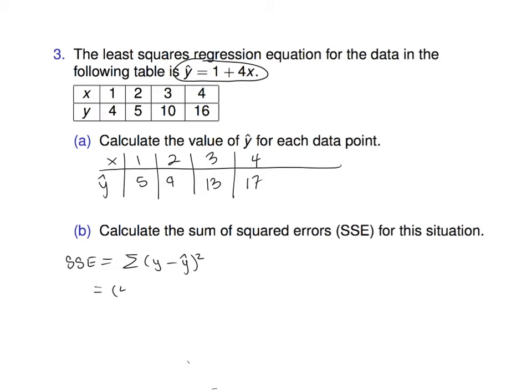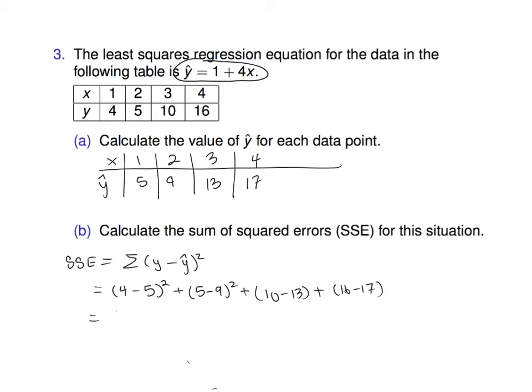So the first y is 4, the predicted y is 5. Then we have 5 minus 9. And then we have 10 minus 13. And then we have 16 minus 17.